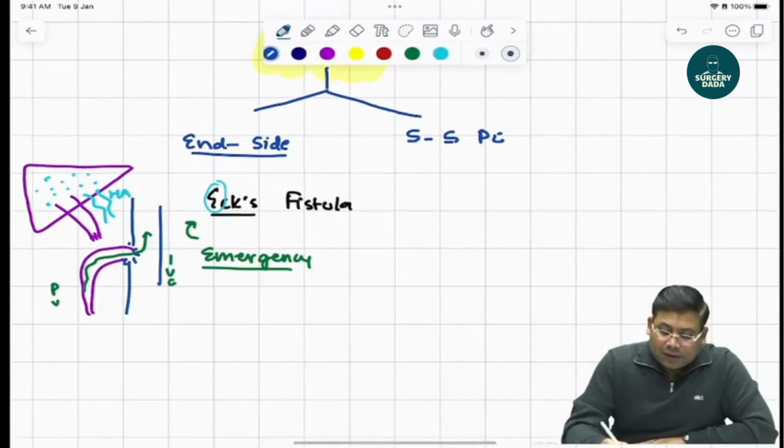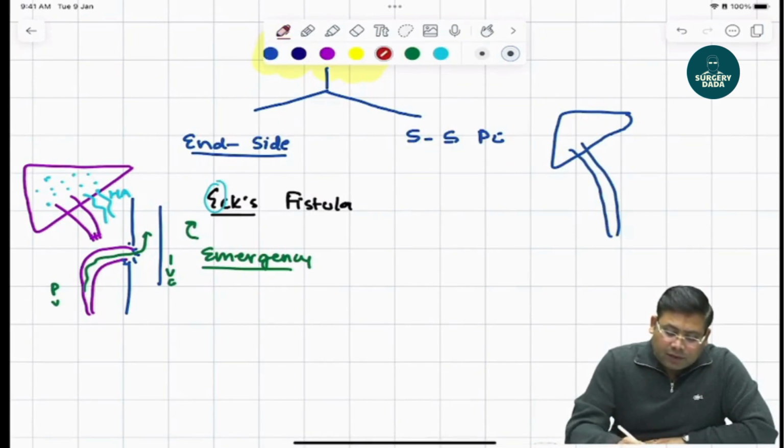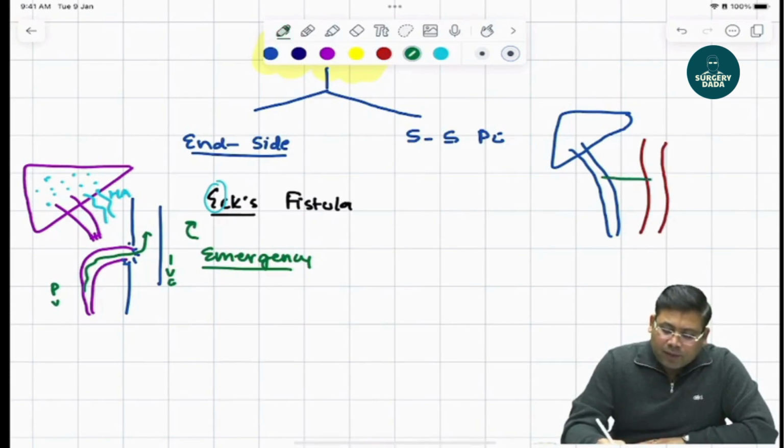When we talk about side to side, what is the concept? This is the portal vein which is entering, and this is the IVC which is going alongside. We bring a graft, basically the left internal jugular vein can be used, or a synthetic graft can be used, and we do the anastomosis. So can you see, this is a side to side shunt.